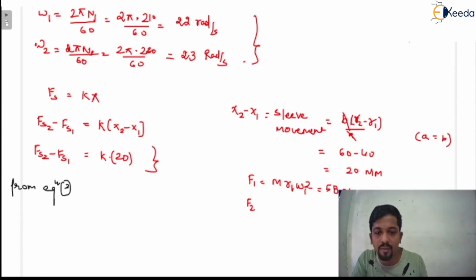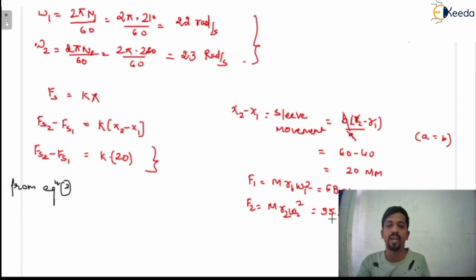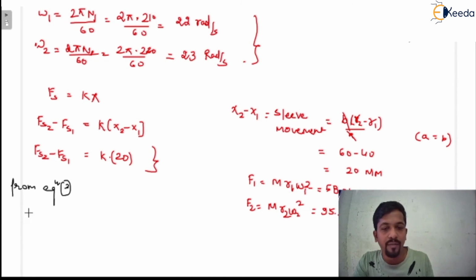Similarly F2 is m r2 omega 2 square, and this comes out to be 95.22 Newton. So we have calculated all the values required in equation number 3. F2 minus F1 is nothing but 95.22 minus 58.